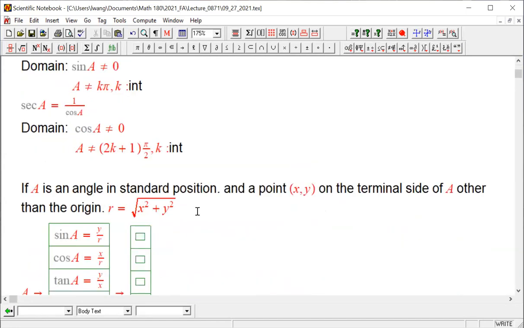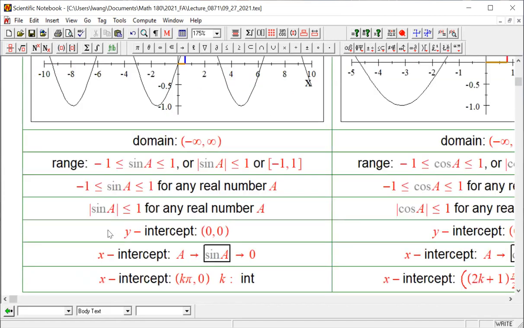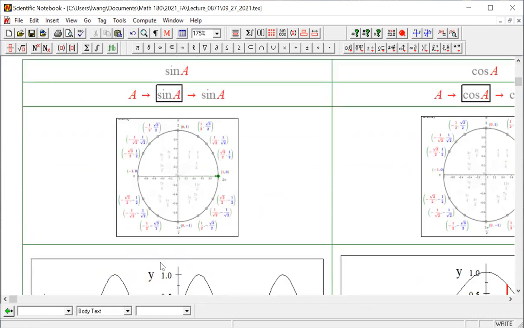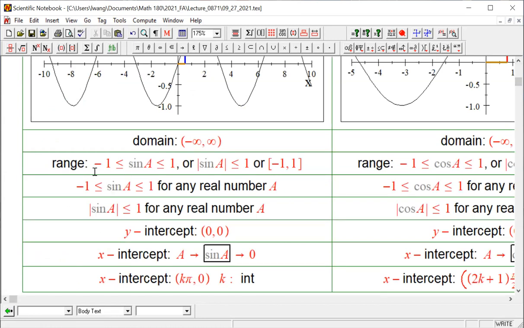For sine and cosine, we've done the graph, the domain and range. We have done the domain for tangent, but we haven't done the range or the intercepts. So we have more to do. In the end, we're going to have all of them completed.